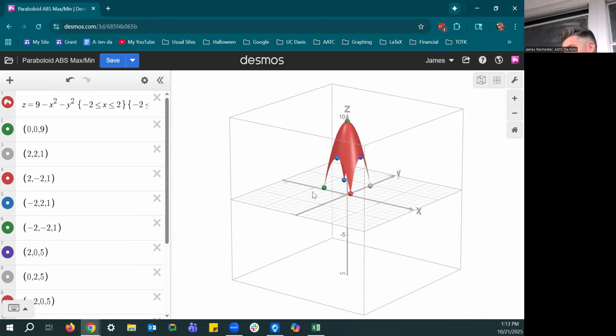If you look along just the line, like x equals 2 or y equals 2, you're getting a maximum in the middle at the point where x is 0 and y is 2, or x is 2 and y is 0. But it's still not the global maximum, because certainly there's a point on the surface that's much higher over there. So that's what I wanted you to see, because I think it's valid to think we really do need to consider those midpoints. Let me give you a different example of another one that we didn't do.